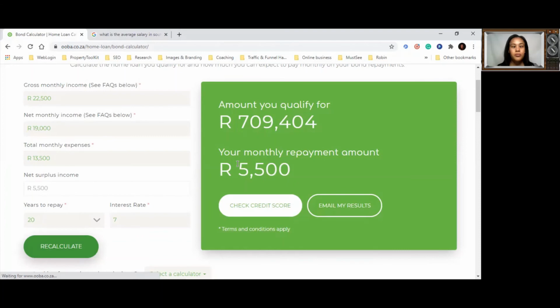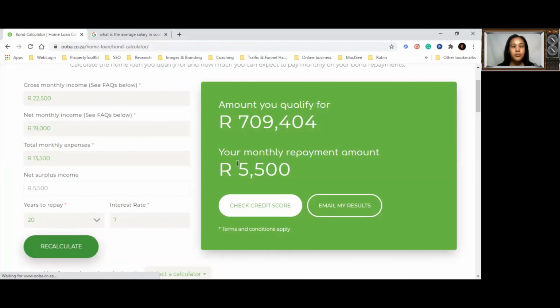Now, this is where it gets very interesting. Oftentimes we wait so that we can get a bonus at work, or we go into the next tax bracket to be able to qualify for a lot more money, right? Now, this is what's interesting about where we are right now. It is not quite normal, so to speak, that we are qualifying for such a huge amount of money.